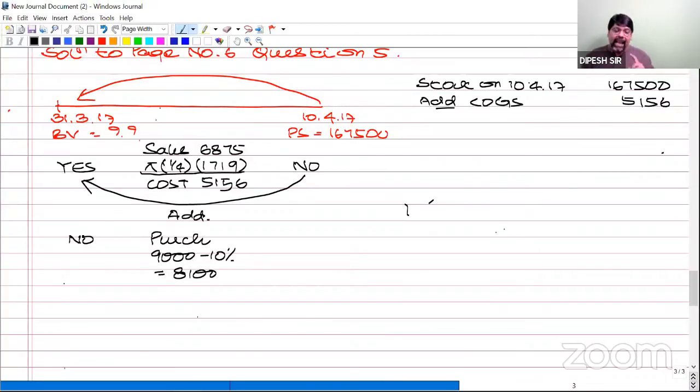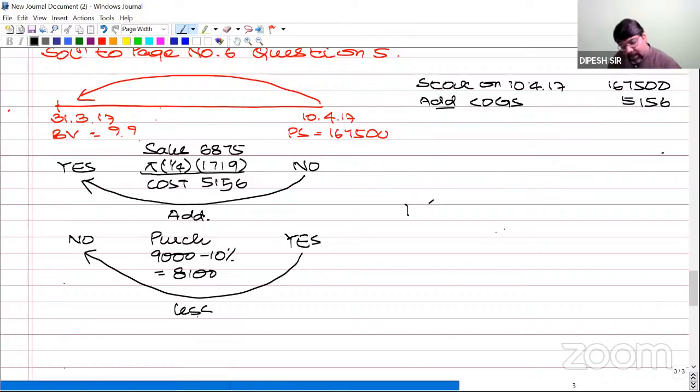And if I had purchased it before 10th of April, obviously it was there with me on 10th of April. So I am moving from no to yes to no. Less purchases. How much? 8100.